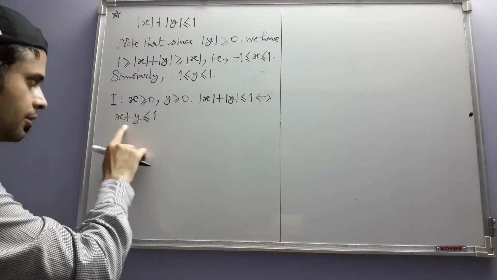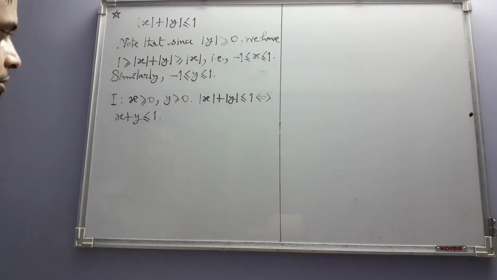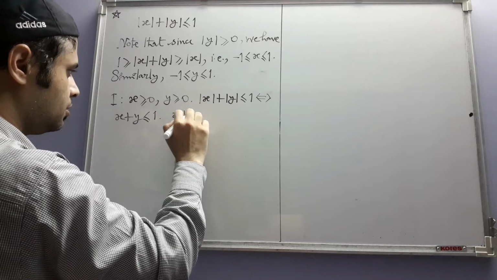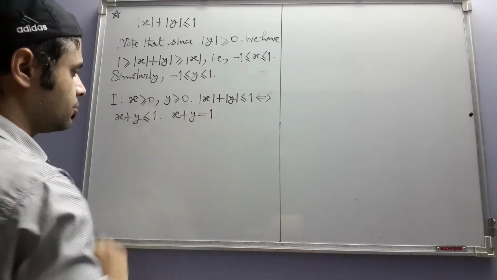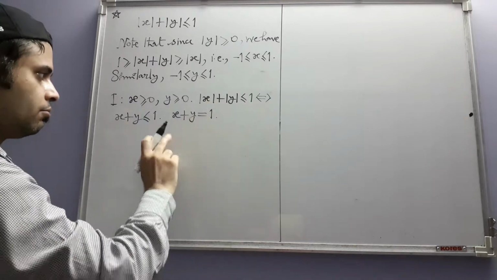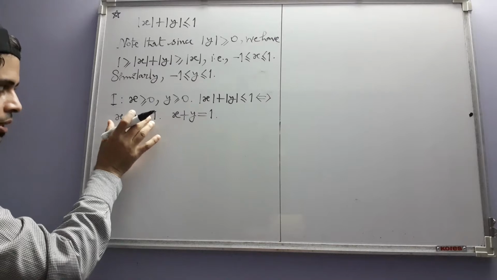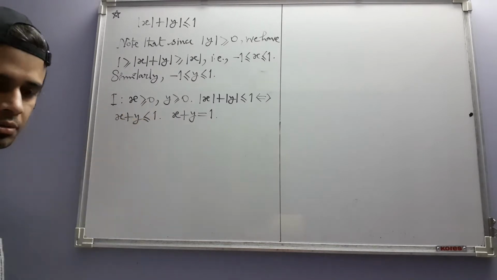We now want to draw the graph of this inequality, and for that we consider the corresponding equation x plus y equal to 1. We first draw the graph of this, and then from that we will try to determine the graph of this one.